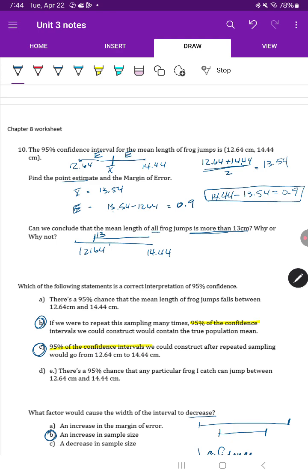In order for this to be true, the statement has to contain the entire interval. The statement does not contain the entire interval, so we cannot conclude. The entire interval is not within the claim. This is kind of what you need to know. This is just extra so you understand.